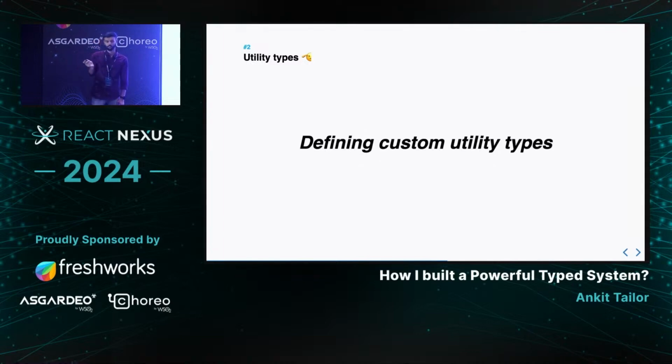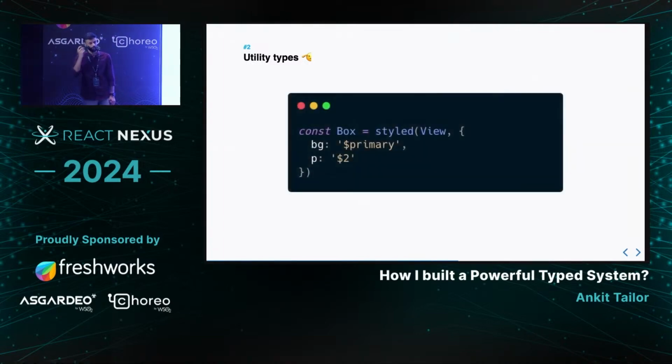Now remember, earlier we had just suggestions for raw style props. Now we want support for aliases and their corresponding tokens. As you can see here, we have BG, $primary, P, $2. So how can we proceed with this?